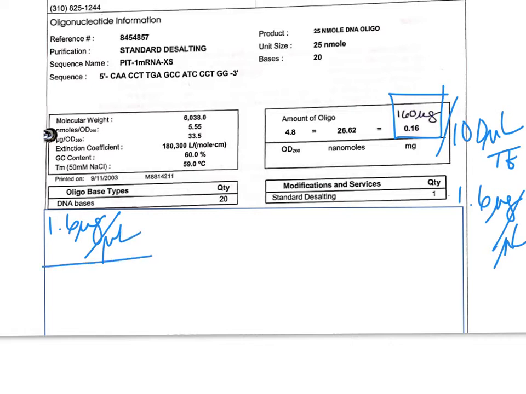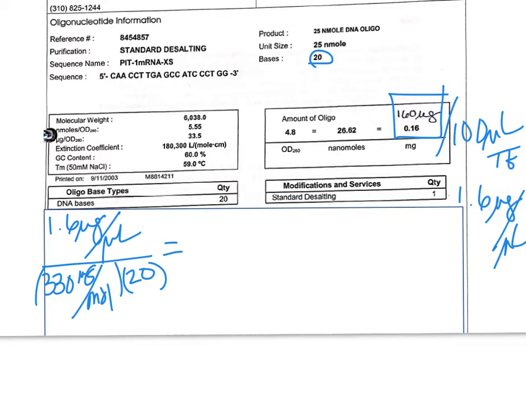We want to change this into micromolar, and so that's 330 micrograms per mole per nucleotide. We have 20 nucleotides, and that's going to give us a number that I don't know unless I use my calculator.